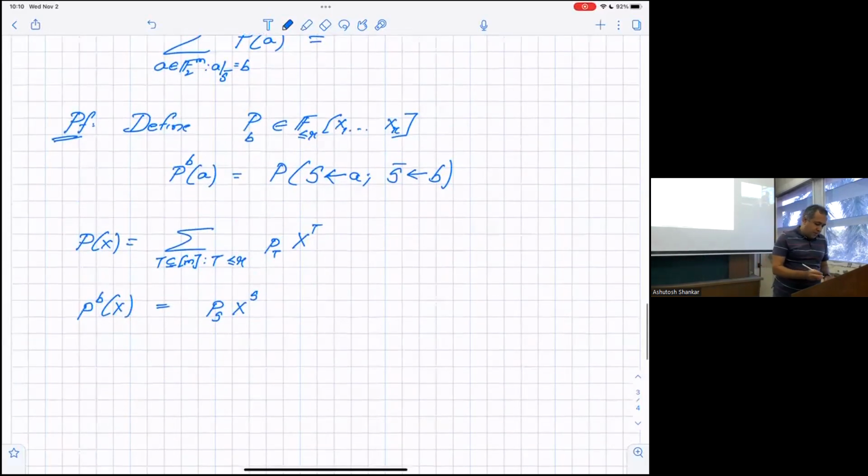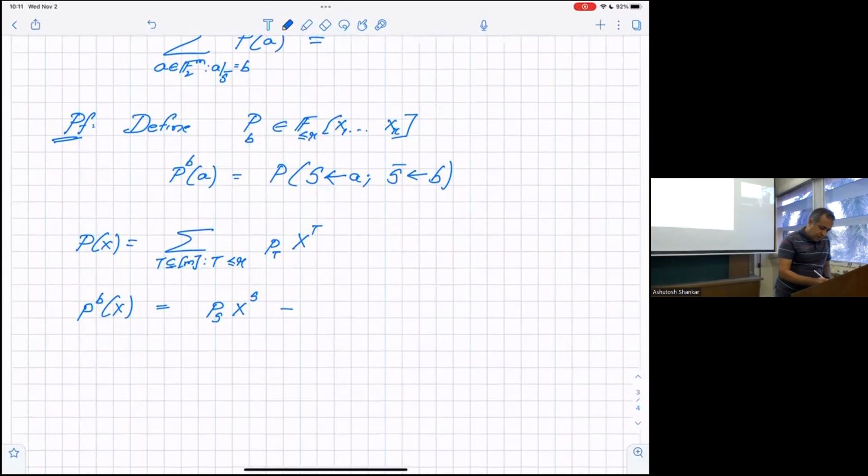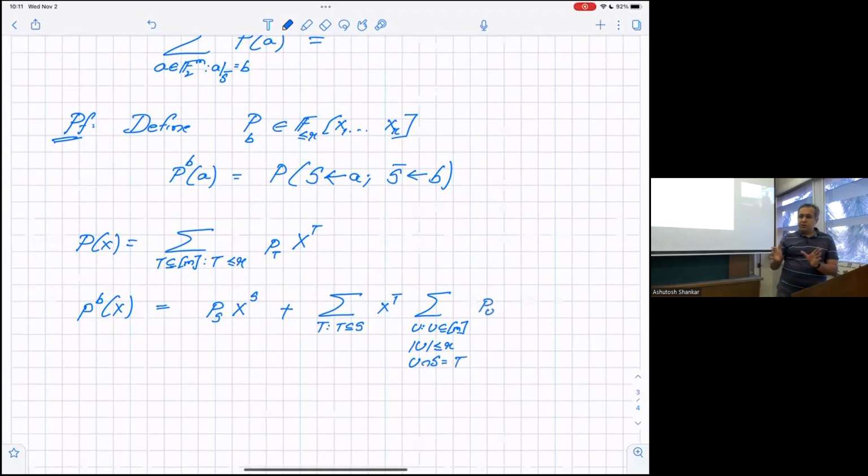So in fact, what will happen will be this: this term plus a summation over all T subsets of S of X_T, and this X_T will go over all U's, U subset of 1 to m, formally with the size of U less than or equal to R and U intersection S equal to T. All those U's will add up together to give the coefficient of this particular monomial.